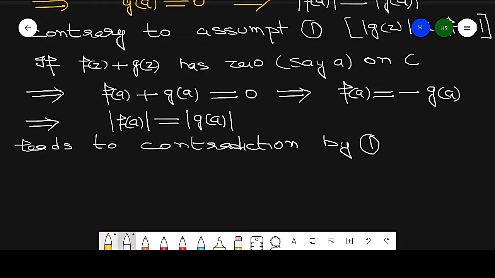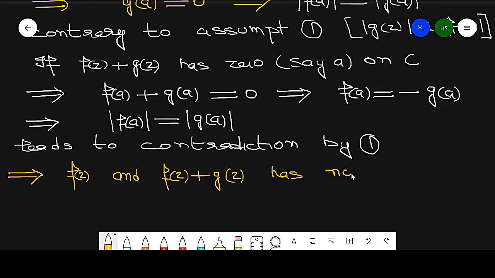So what we get is that f(z), one function, and f(z) plus g(z), both functions have no 0 on C. So that is my first part, that is my first step, that they have no 0 on C. If they have 0, then they must be inside the C.